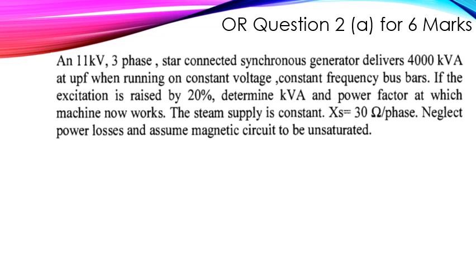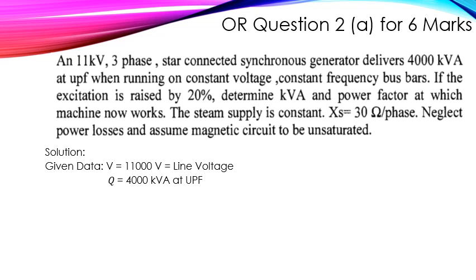So here, as per this question, we have to assume the excitation is raised by 20%, and according to that we have to determine the kVA rating and then the power factor of the machine at the new kVA. Okay, so first write down the given data. The applied voltage, that is the line voltage, is 11,000 volts.